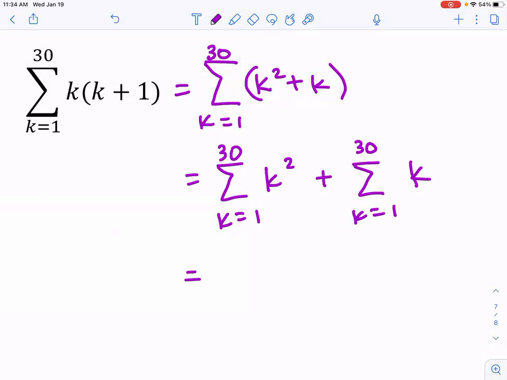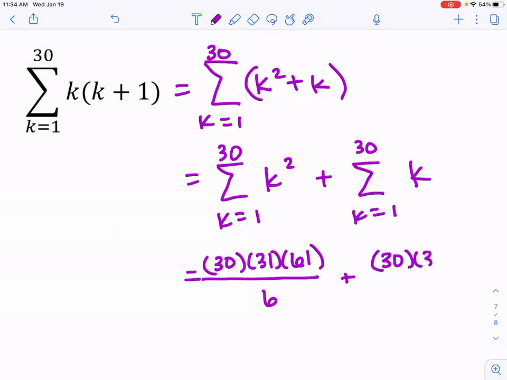So the sum of k squared from 1 to 30, we're going to have 30 times 31 times 61 all over 6. And then the sum from 1 to 30 of k is going to be 30 times 31 over 2.